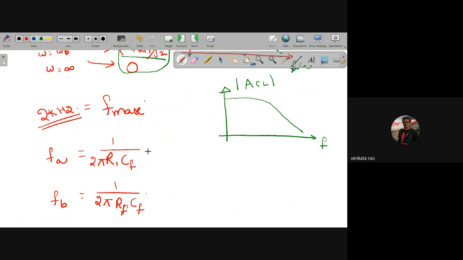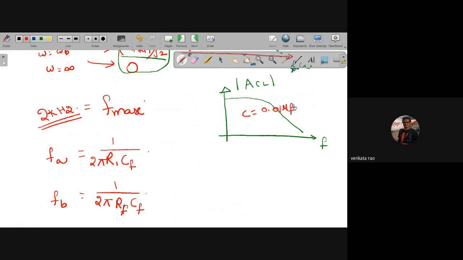First you should know one thing. In all cases, you have to assume the capacitance C value, 0.1 or 0.01 microfarads. Sometimes they will provide that value to you in exams.